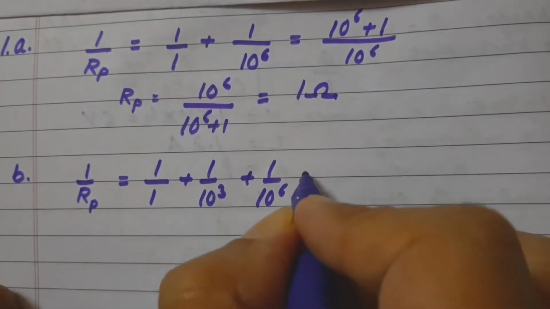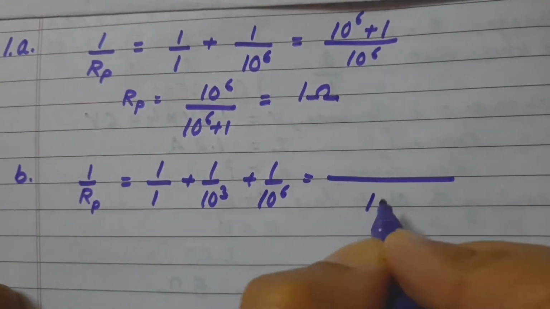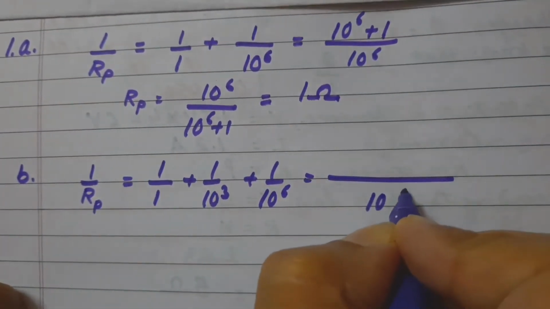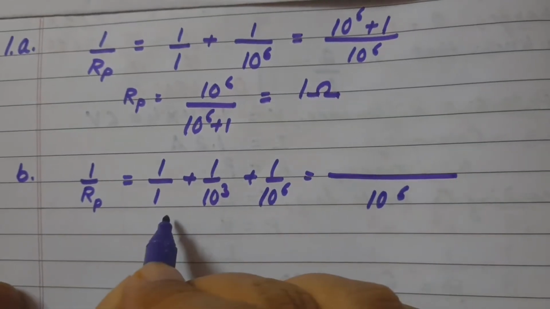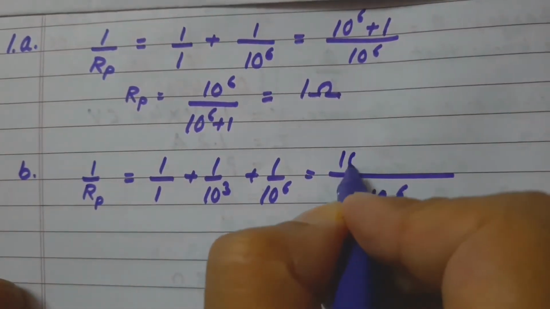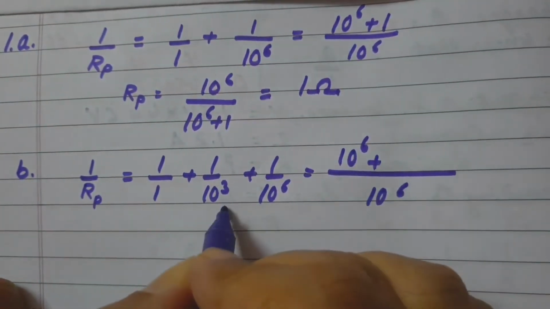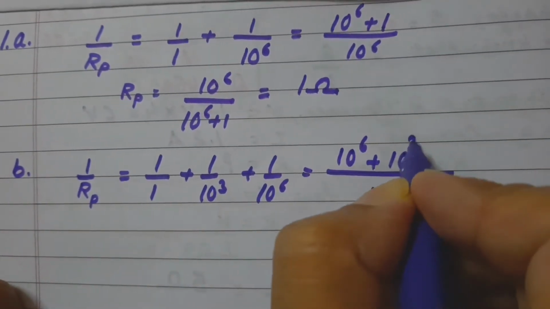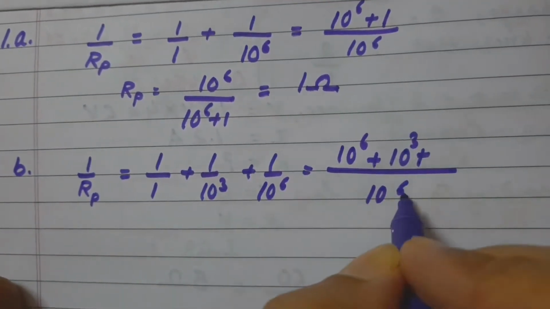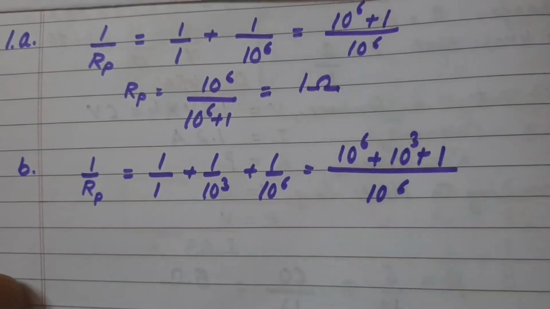Now its LCM is 10 raised to power 6, and it can be calculated as 10 to power 6 for this, 10 to power 3 for this, simple 1.